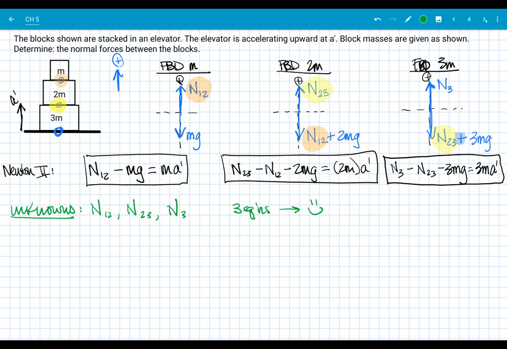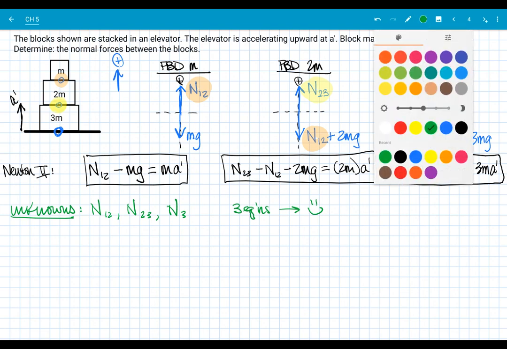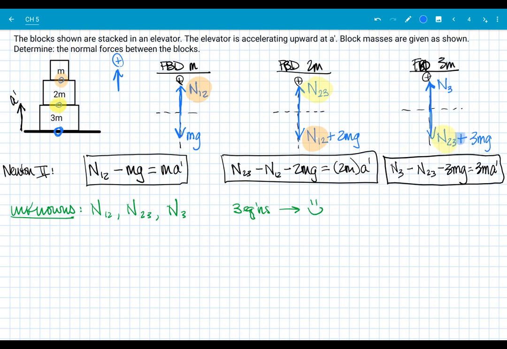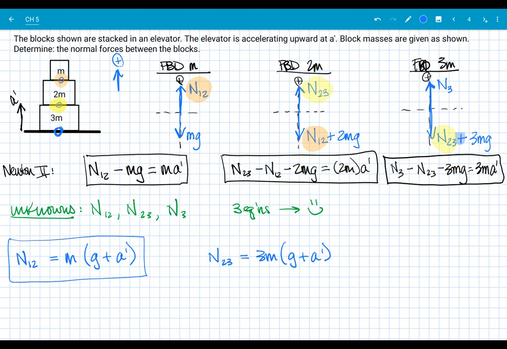What we end up with for our final result is, for normal force 1,2, m times quantity g plus a prime. And for normal force 2,3, 3m times quantity g plus a prime. So those are our results in both cases.